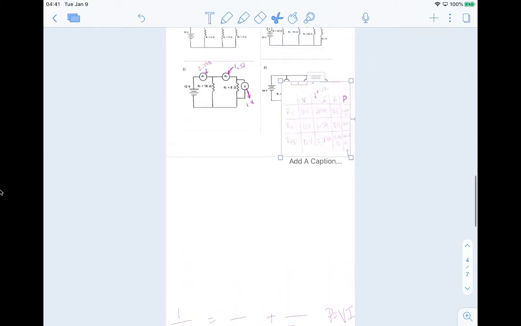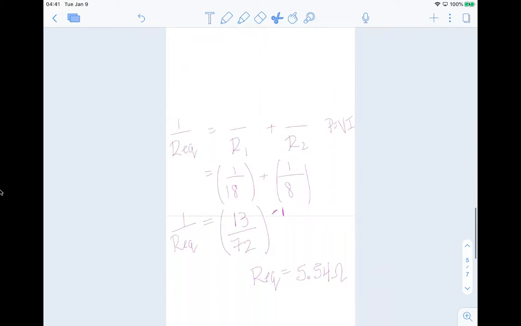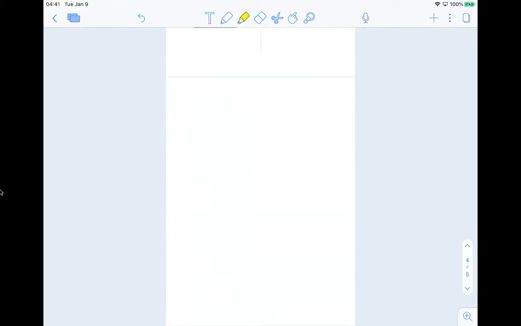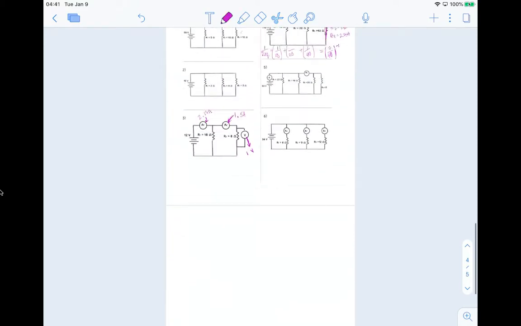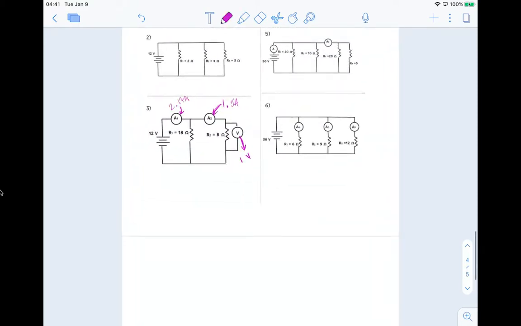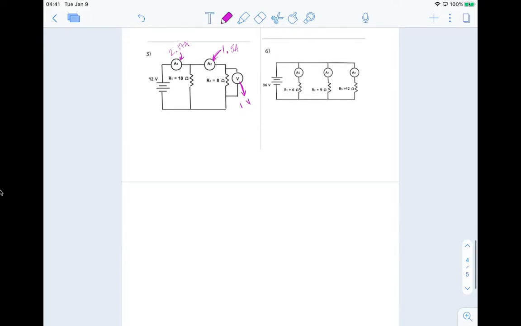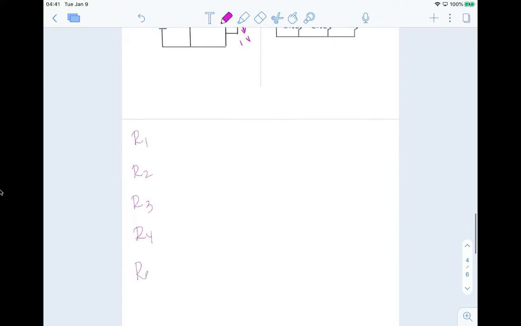All right. So now we're looking at number 5. Number 5 has 1, 2, 3, 4 resistors. So we do have to make sure we include them all here: 1, 2, 3, 4, as well as Req.